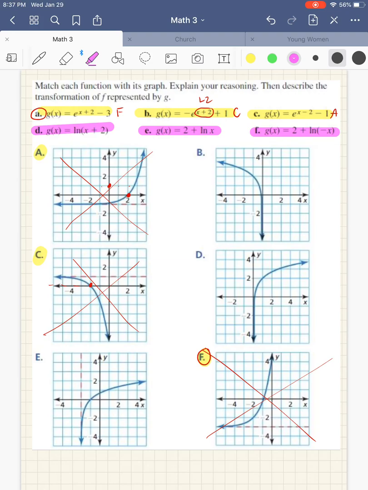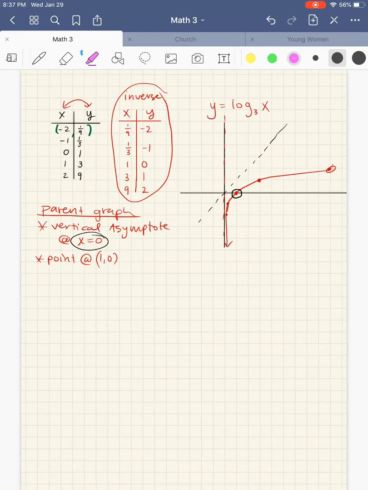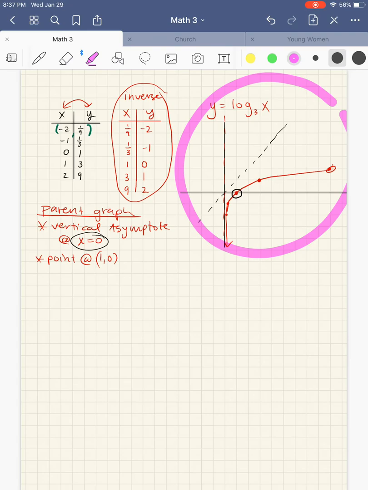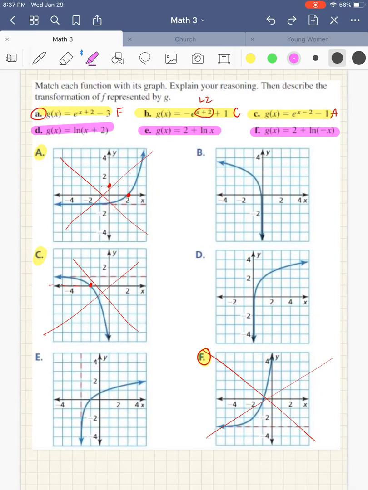And remember over here, we said the logarithm graph has a key feature, a vertical asymptote, and usually starts with the point at 1, 0. So B, D, and E, if we look closely, they all have a vertical asymptote. So that should be an indicator that all three of those are part of the logarithm family.